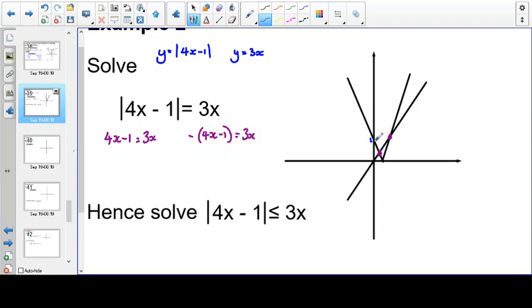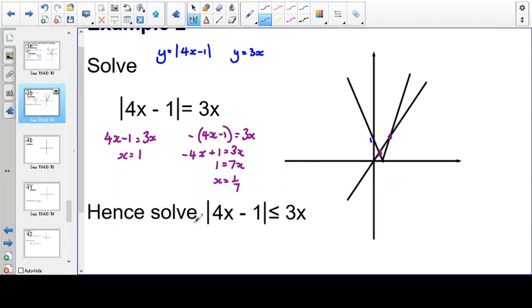So you've got to do a decent enough sketch to know which lines are crossing which lines. So this one, x is going to equal 1, minus 4x plus 1 equals 3x. This one, x is a seventh. Okay, which looks about right.